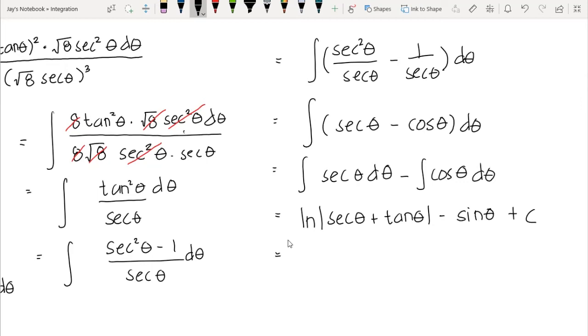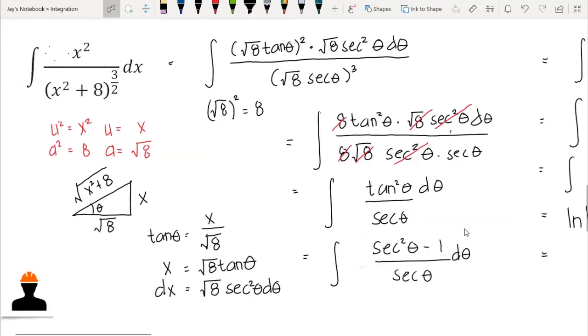Again, this should not be our final answer since our answer is in terms of theta. So we need to replace it with the original function that is in terms of x. Where are we going to look for a variable x that we can use as a substitution for this trigonometric function? Let's go back to our right triangle here.